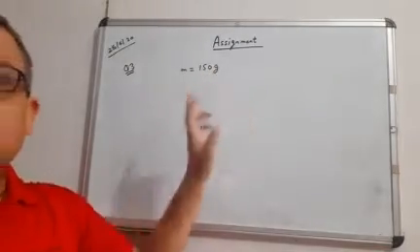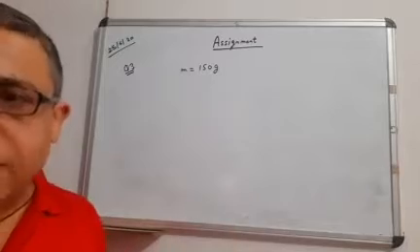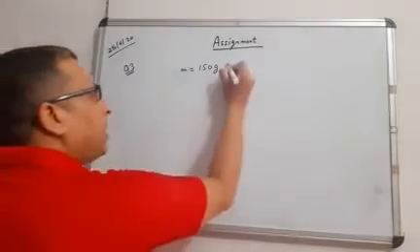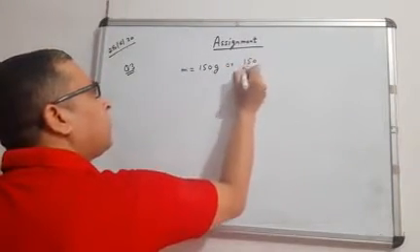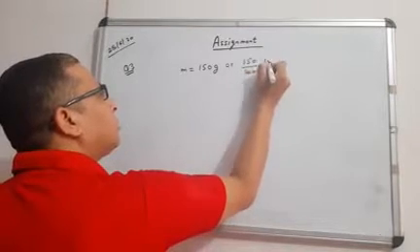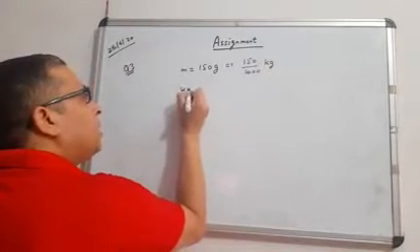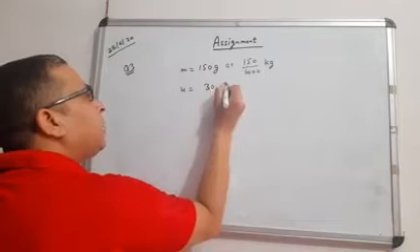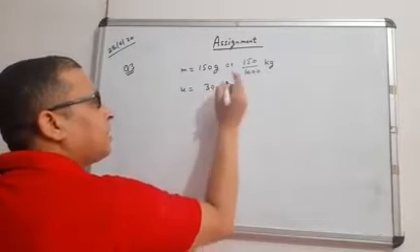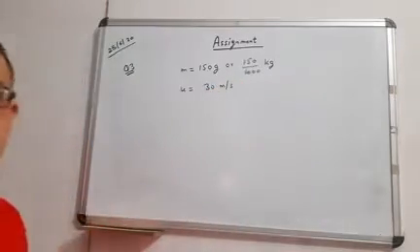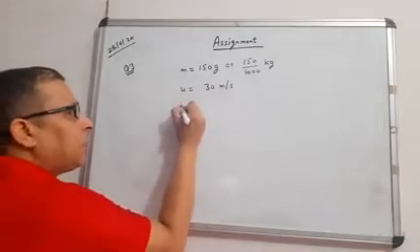Again the same thing. Grams is not a standard unit of mass. We have to convert it into kilogram. This will be 150 over 1000 kilogram. Then u given 30 meter per second. This is your initial velocity. Why have I put this as 30 meter per second?